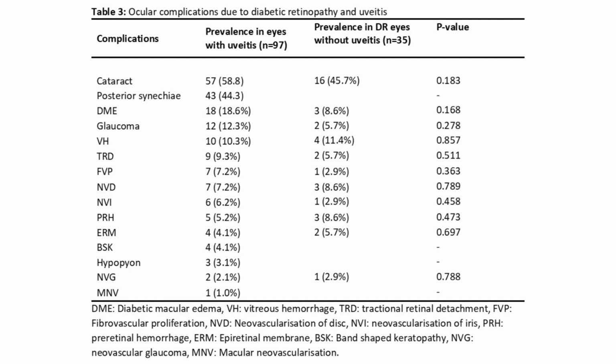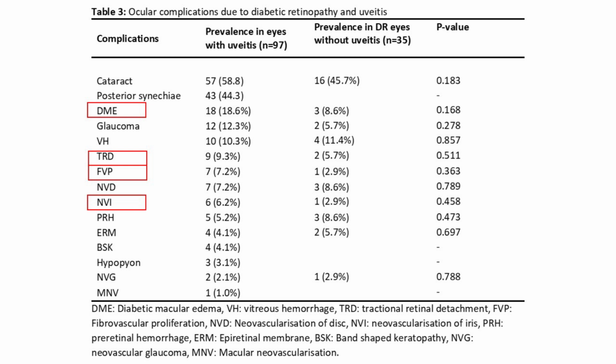Next, coming to the diabetic retinopathy complications per se, we noted that there was a higher proportion of diabetic macular edema, tractional retinal detachment, fibrovascular proliferation, and neovascularization of the iris noted among the eyes with uveitis as compared to the eyes without uveitis. However, none of these values reached statistical significance.